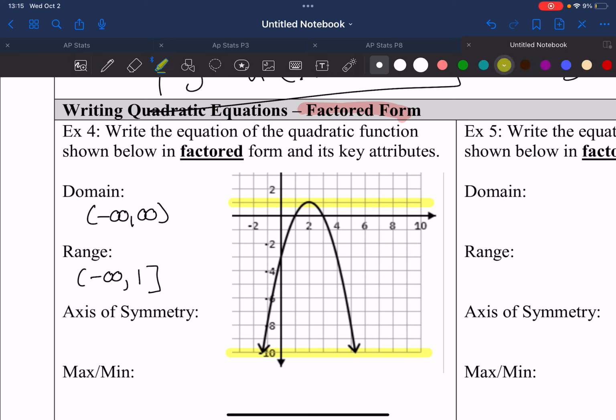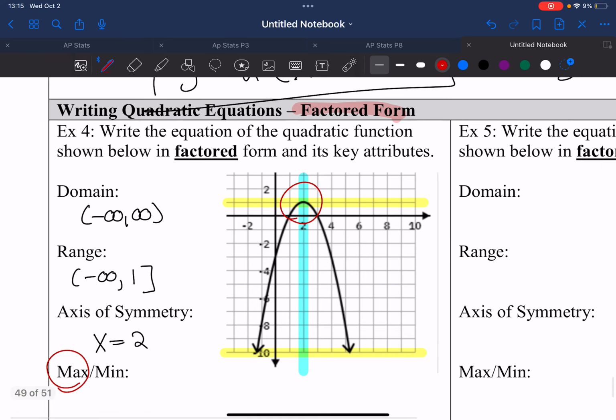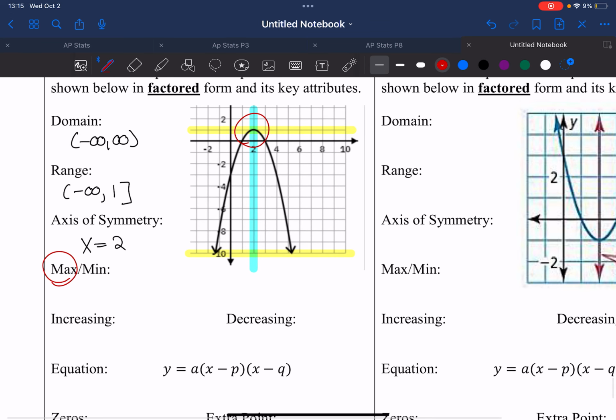Our axis of symmetry is what splits this equation in half, and so we know this is the equation x equals 2. And our vertex is at the top this time, which means that we have a maximum value. And then since our parabola is now facing down, you're going to notice that our increasing and decreasing values are going to switch.